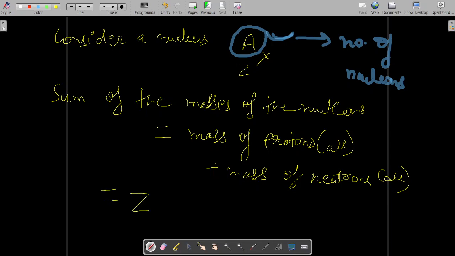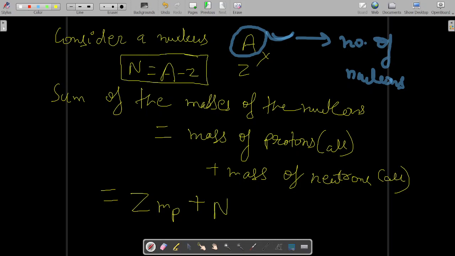You know this very well that the number of protons is Z. So Z is your number of protons, and the mass of each proton is suppose mp. So the total mass of protons will be Z into mp. And the number of neutrons N is given by A minus Z. So it will be capital N mn, because capital N is the number of neutrons and mn is the mass of each neutron.